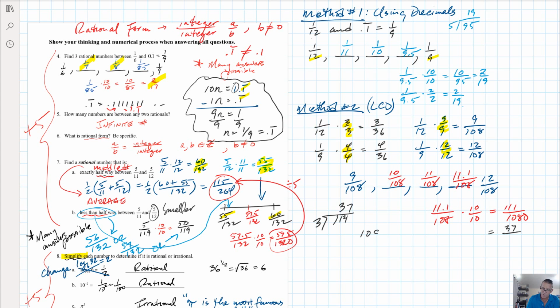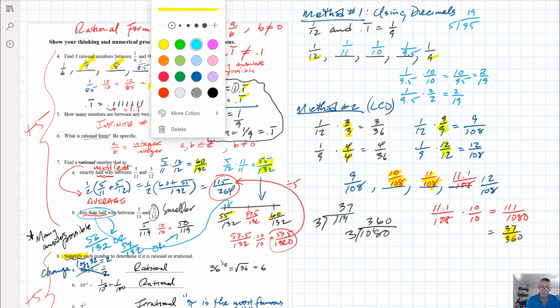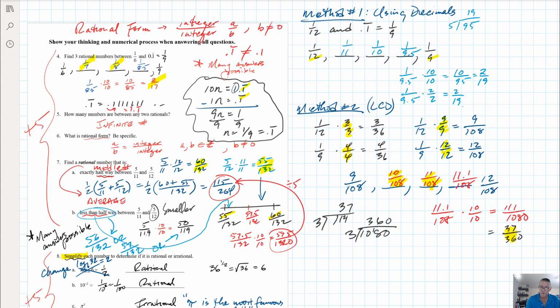Then 1080 divided by 3 is 360. So here we have three rational numbers as well: 10/108ths, which can be simplified, 11/108ths, and 37/360ths. So we have different fractions from 1/11, 1/10, and 2/19, but again, these problems have an infinite number of possibilities, guys.